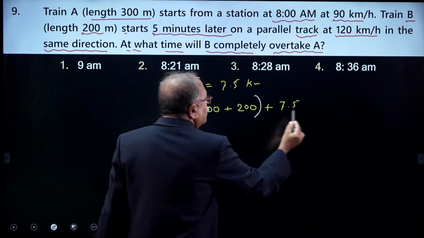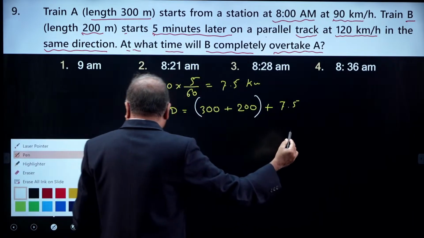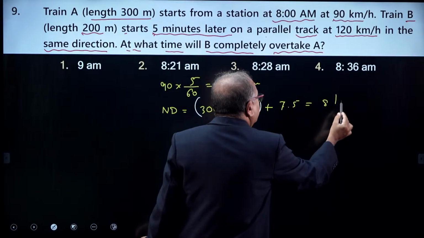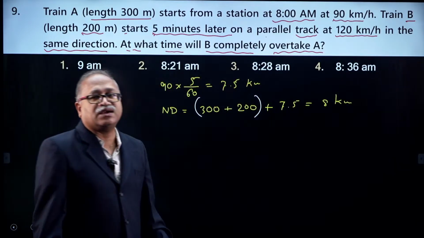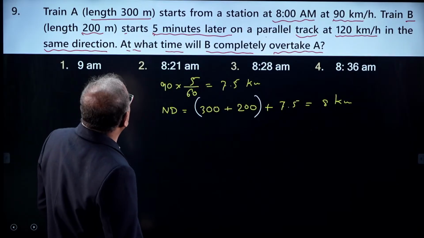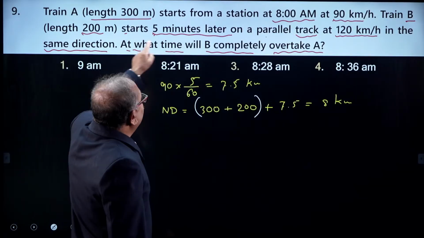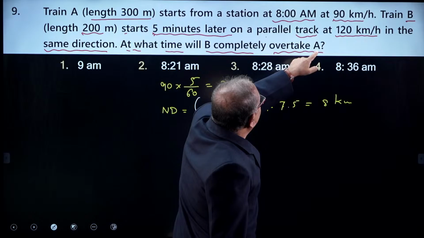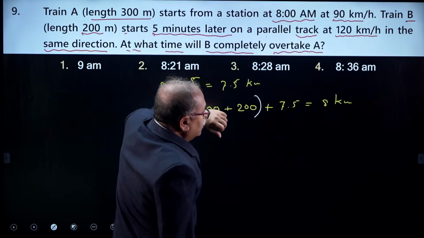So the total you are getting is 8 kilometer. Now your distance is 8 kilometer, on a parallel track at the speed of 120 kilometer per hour.